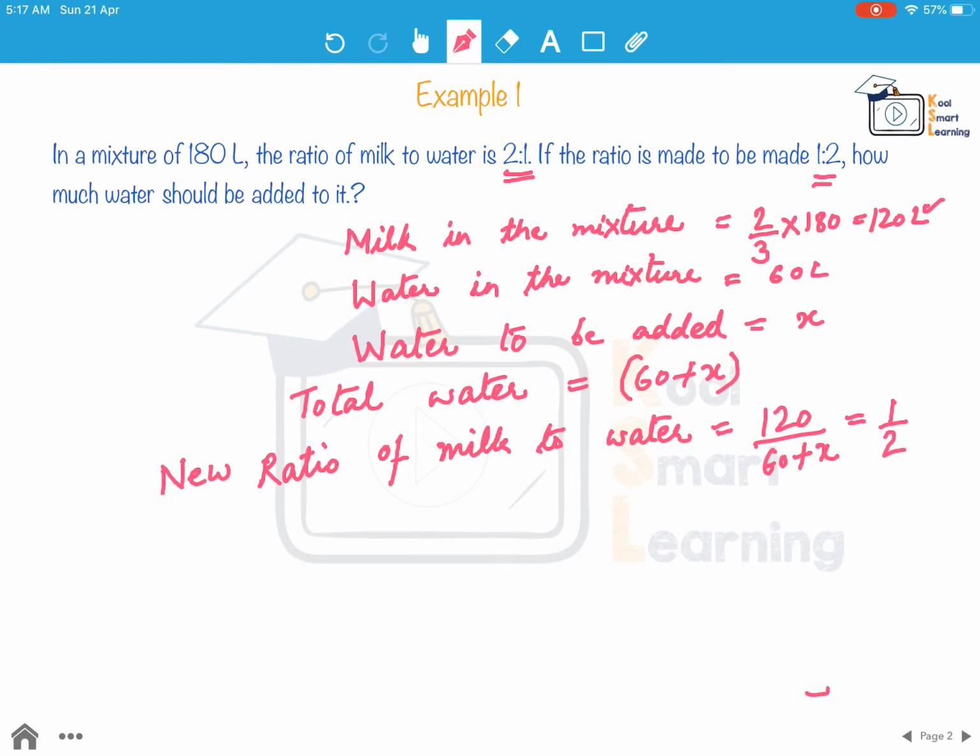So we can cross multiply and we get 60 plus X is equal to 240, which gives us X equal to 180 liter. So that means we will need to add 180 liter of water to the mixture to change the ratio of milk to water to 1:2.